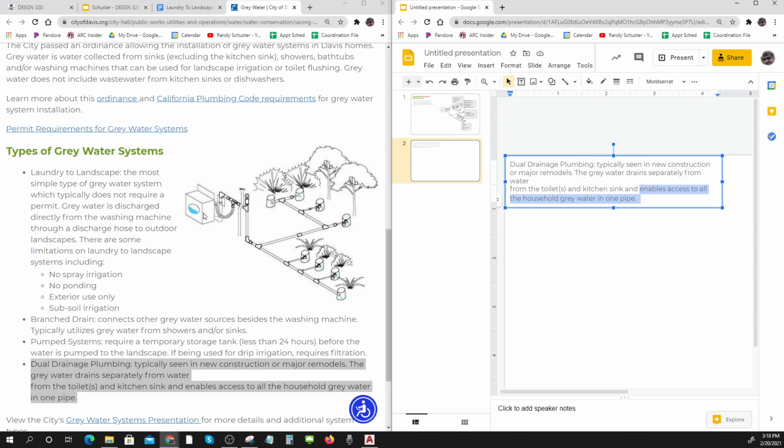So you'd want to be able to put your washing machine, your bathroom sink, your shower or bathtub all onto one drain line. And that's kind of an interesting architectural project all in its own.